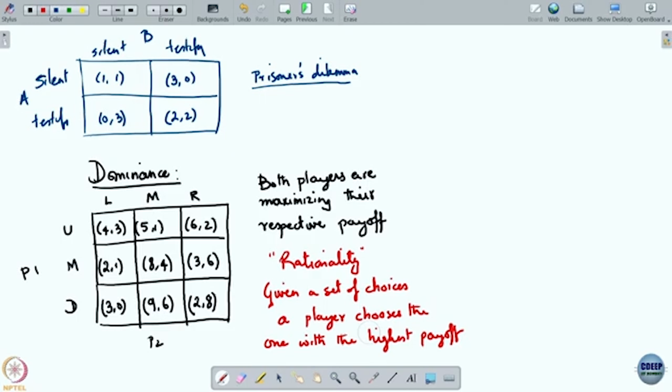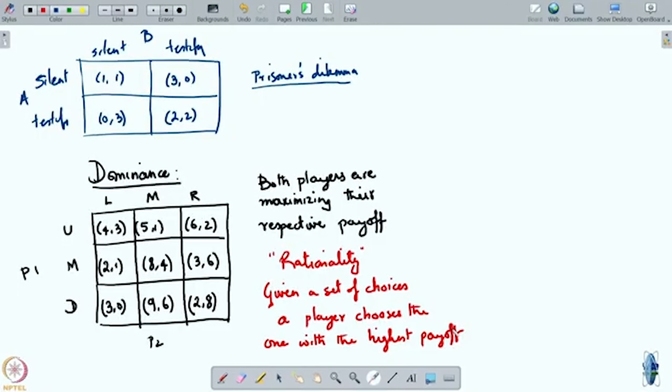It seems very reasonable and logical. Whatever the choices they have, they would not pick something that gives them a lower payoff than something else. So they would pick the one with the highest payoff. If there are multiple with the highest payoff, they could pick any one of those, but they will not pick anything that gives them a payoff strictly lower than the highest. Right? This is the assumption.